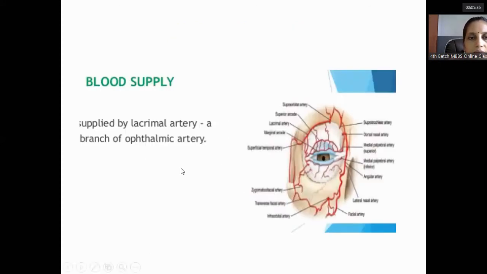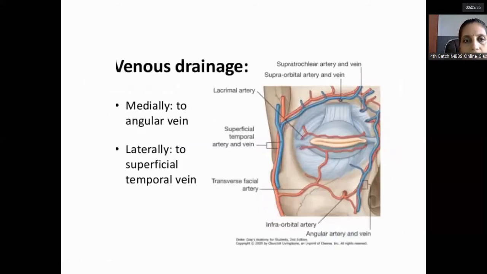Here you can make out the figure which we have discussed; it will come repeatedly, so you have to practice this figure so that you will be able to recall these branches. The vein drains medially to the angular vein and laterally to the superior temporal vein.